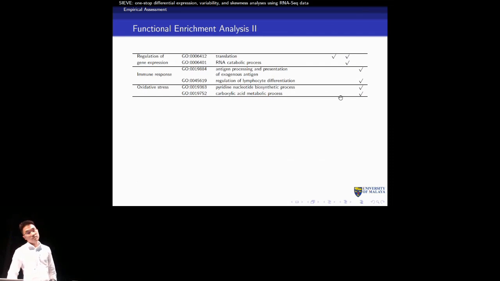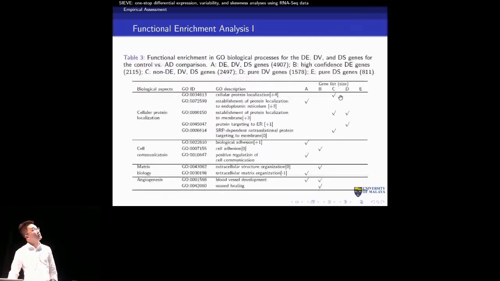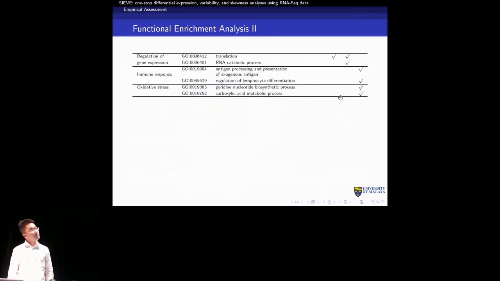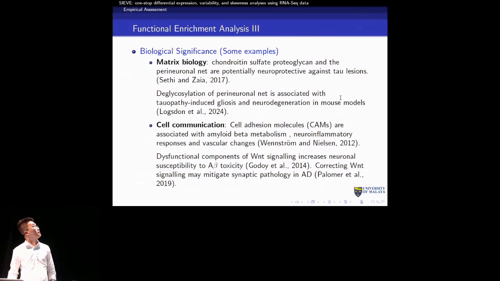The last 3 columns are the DV and the DS gene lists. Here I list some examples of enriched biological processes which have been reported to be associated with Alzheimer's disease.